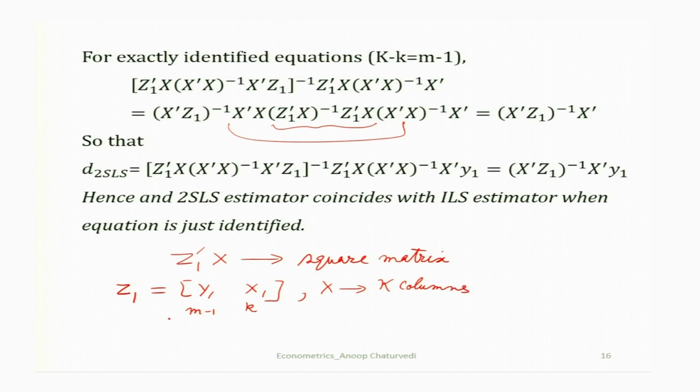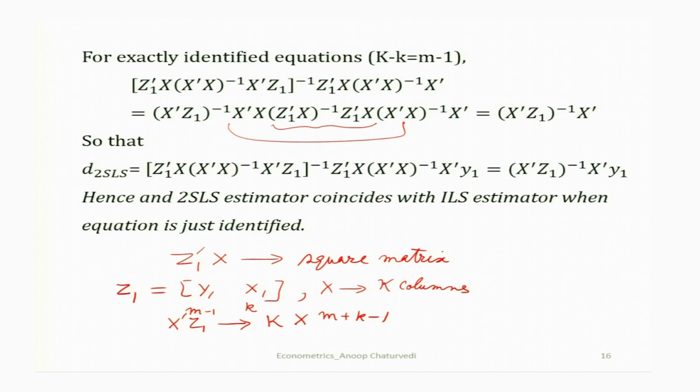Now, if you look at X transpose Z1, the order of X transpose Z1 is K cross (m plus k minus 1).